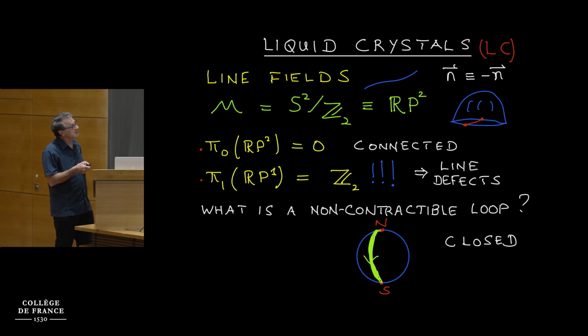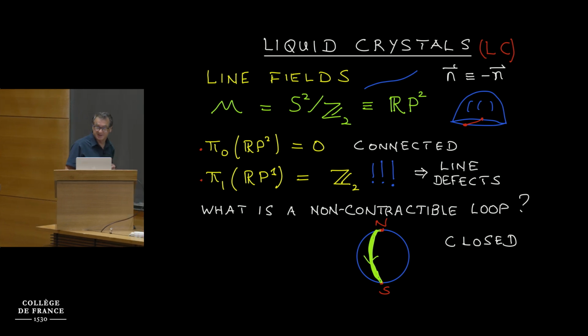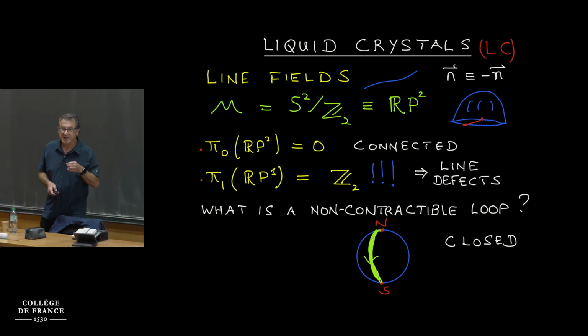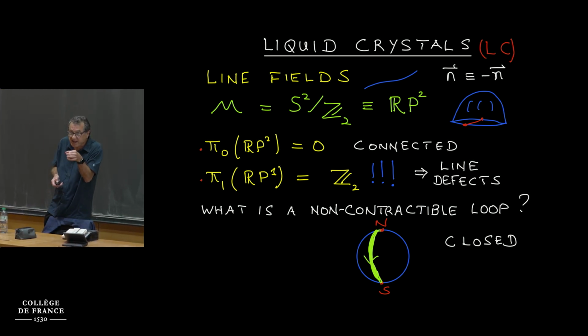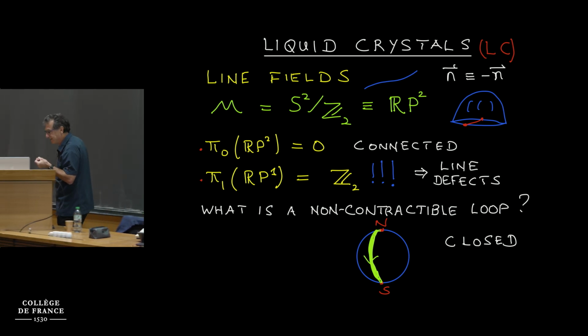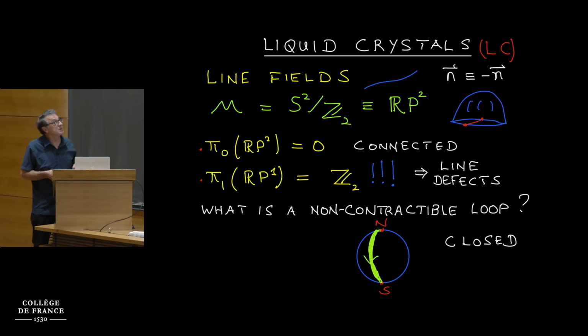I go along, nice. I hit here, this is the same point. That's a closed loop. And I cannot continuously break that to one that shrinks down. That is the topological obstruction. I go around and I'm back where I started, but far away kind of thing. So I have to cut to reduce to the trivial case.